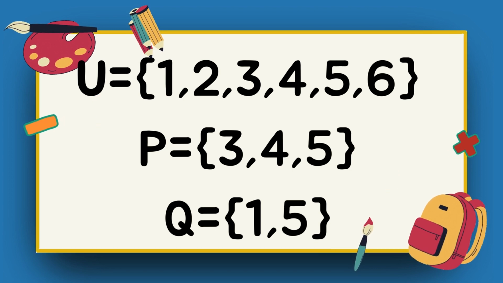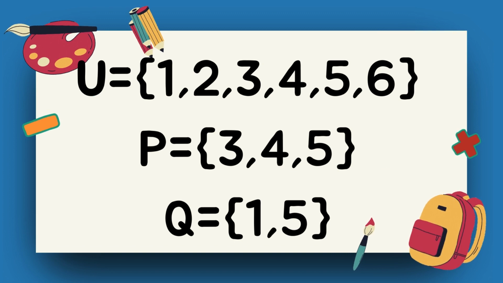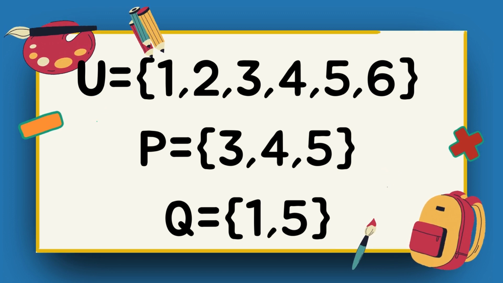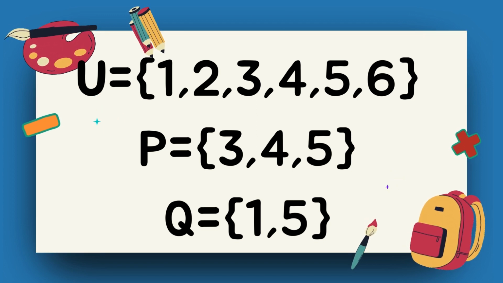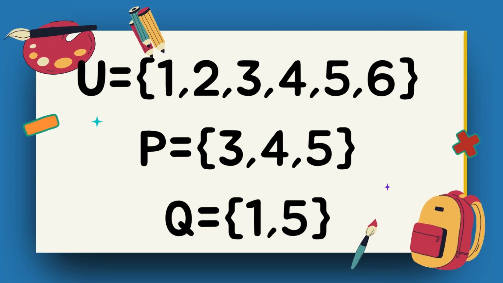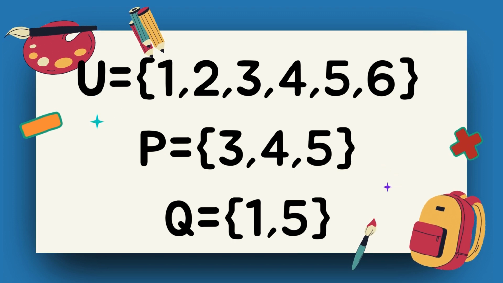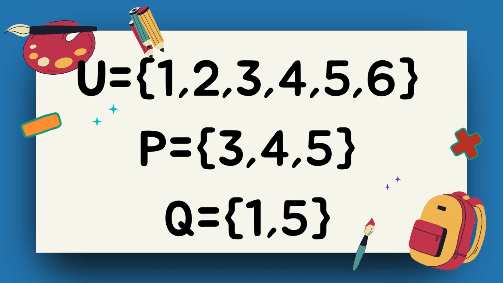Notice the universal set includes all the elements while set P is 3, 4, and 5 and set Q is 1 and 5. As you take a closer look as well, 5 is the intersection of both sets. So 5 is the intersection of set P and Q.